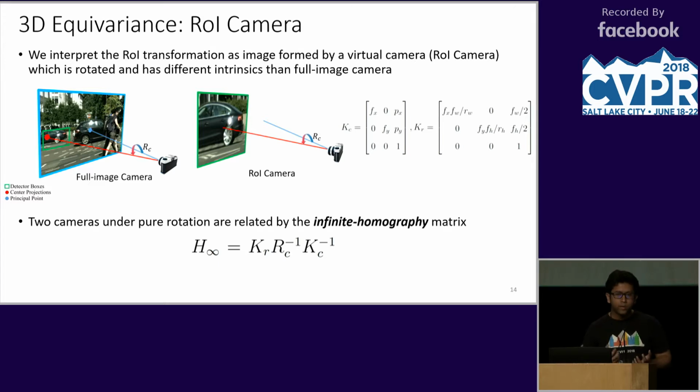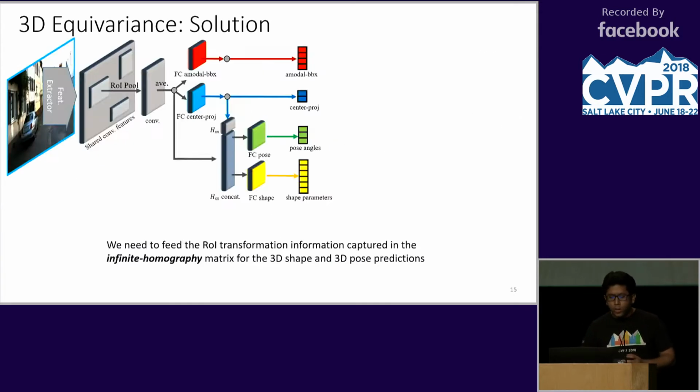This 3x3 matrix, which gives us 9 parameters, basically captures all the transformation that's being done by the ROI pooling process. So all we do is feed these 9 parameters to the shape and pose classifier. Now they have a better chance of getting a more equivariant output.